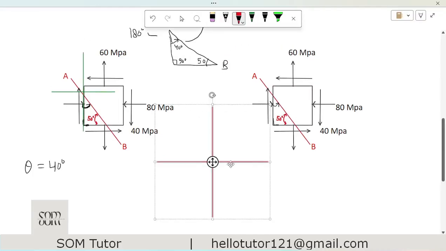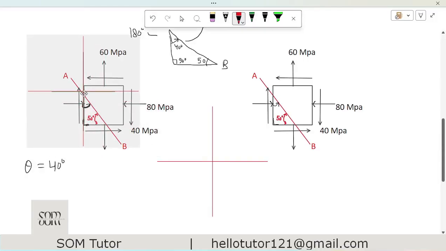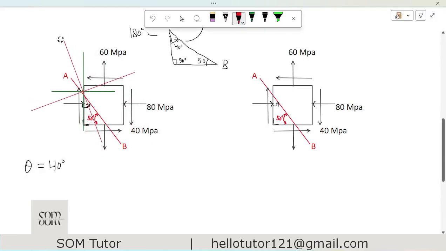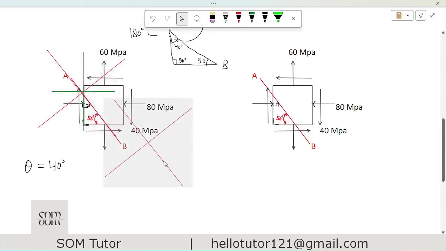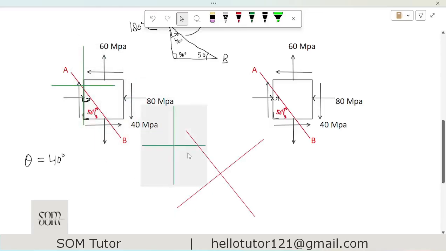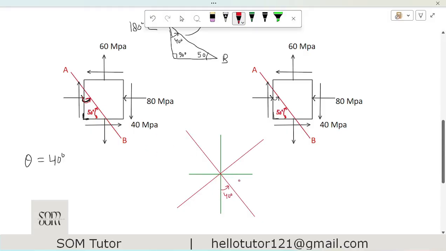This is the transformed axis like this. If I draw them here for clarity, so this is our angle, 40 degrees anti-clockwise.